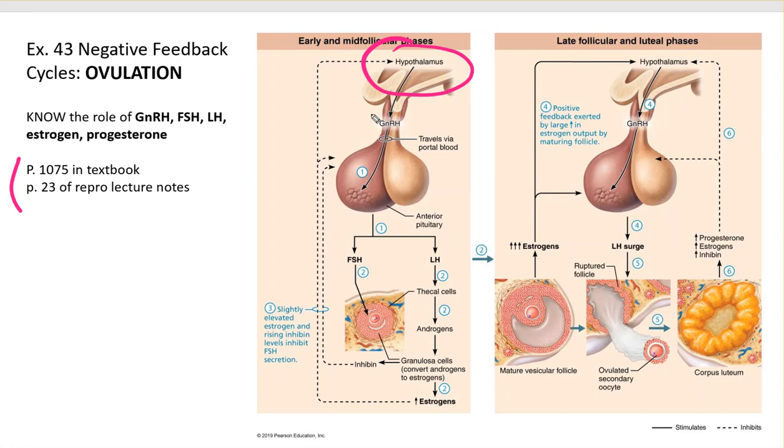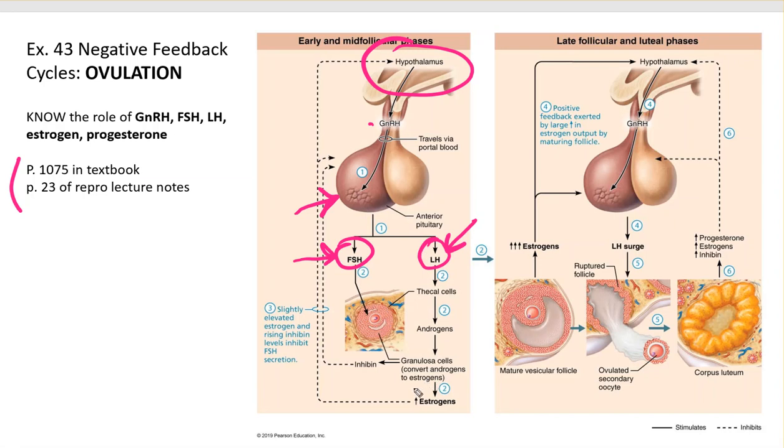It's going to release GnRH, which goes to the anterior pituitary and causes it to release FSH, follicle stimulating hormone, and LH, luteinizing hormone. Follicle stimulating hormone tells the follicles to mature.